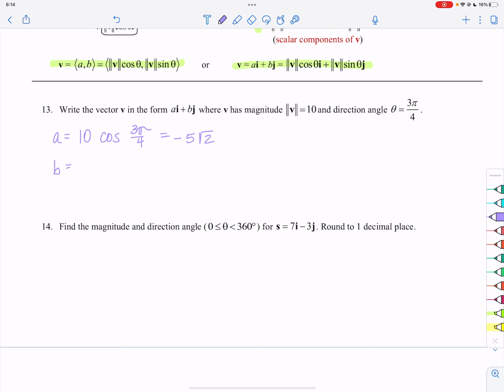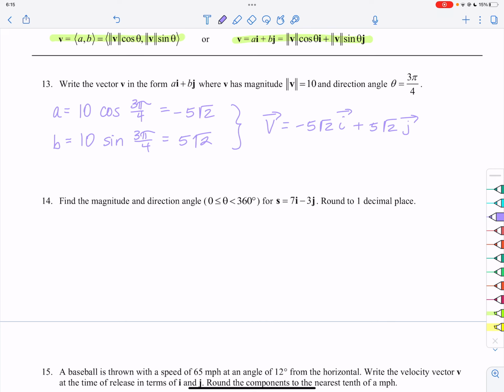And b is going to be equal to 10 multiplied by the sine of 3 pi over 4, and we will have 5 root 2. And now we have vector v is equal to the opposite of 5 root 2 i plus 5 root 2 j.